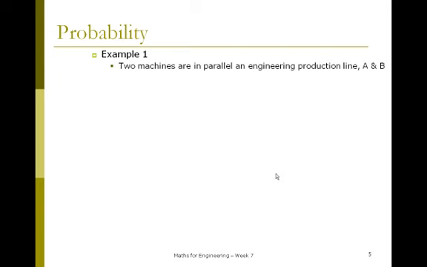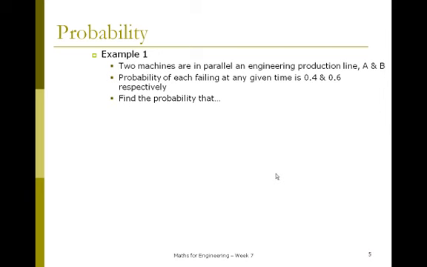These are machine A and machine B. So the probability of each failing at any given time is 0.4 for machine A and 0.6 for machine B. So within this example, we want you to find the probability that firstly, only one will work, and secondly, find the probability that both will work. So what do you think, and how do you think we will go about doing this?